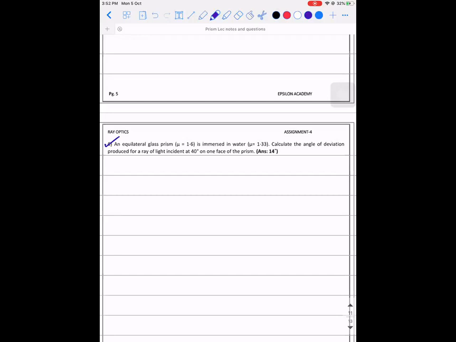An equilateral glass prism is immersed in water. Calculate the angle of deviation produced for a ray of light incident at 40. Change that 40 to 45, or you can change it to 30 degrees. Do this and tell me.